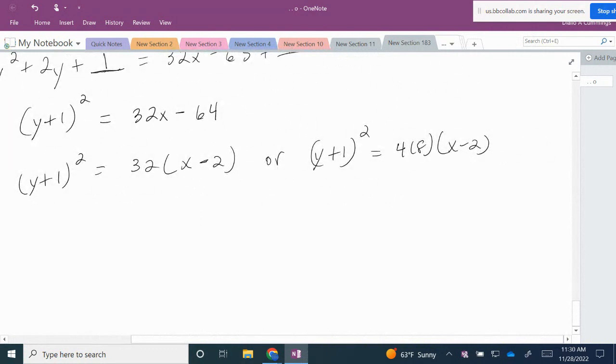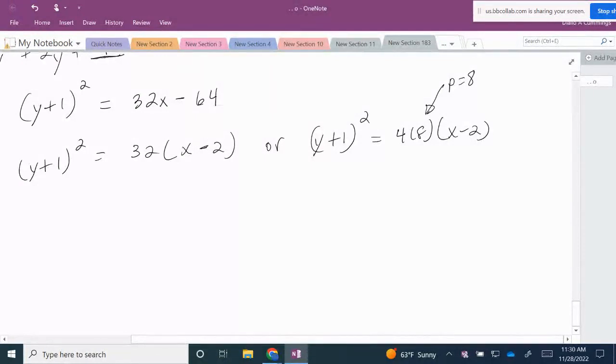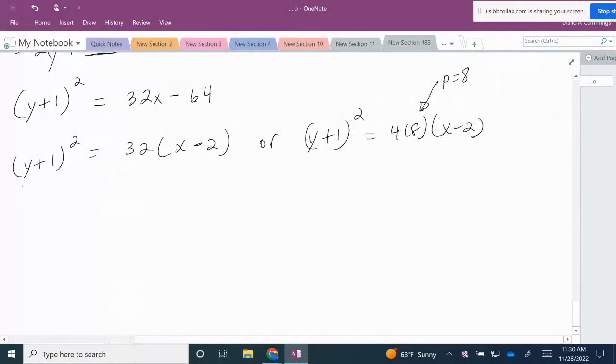Because here 4 times 8 is 32, so I just factored out a 4. So from this I can realize that P is 8. All right, so this is our standard form.